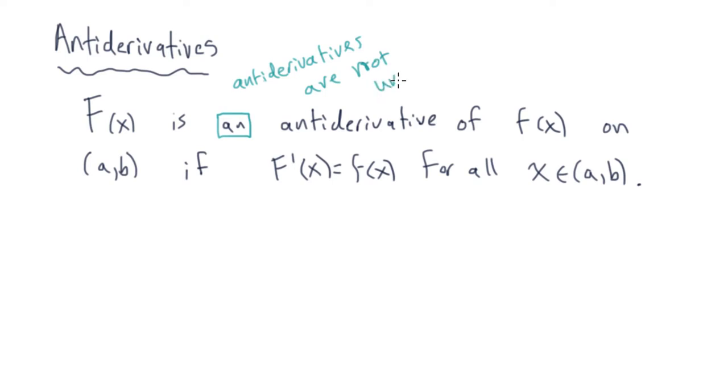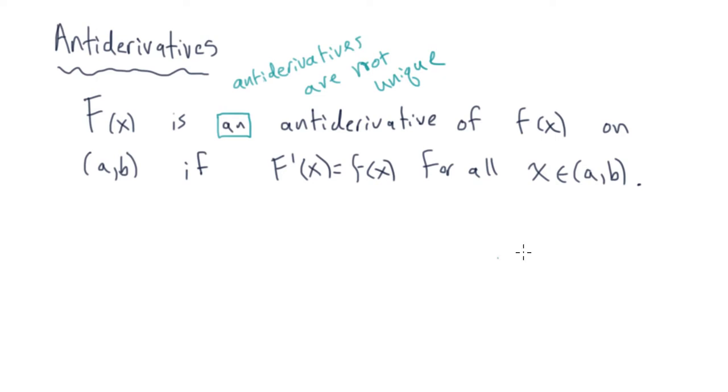And this is pretty easy to see because if I add any constant to an antiderivative, so for instance x squared is an antiderivative of 2x, well x squared plus 1 will also be an antiderivative of 2x.